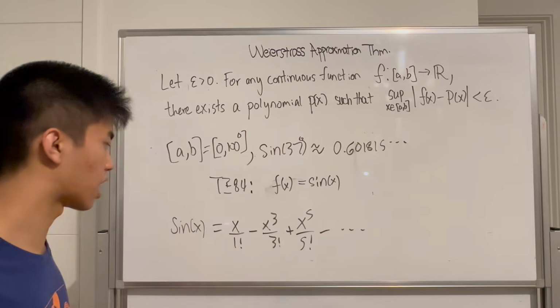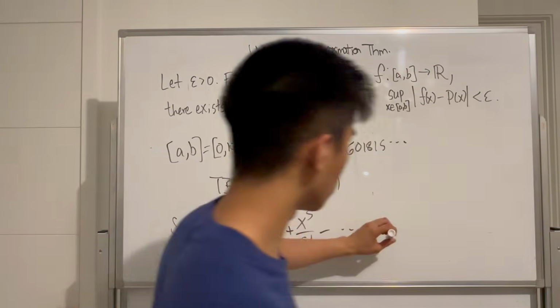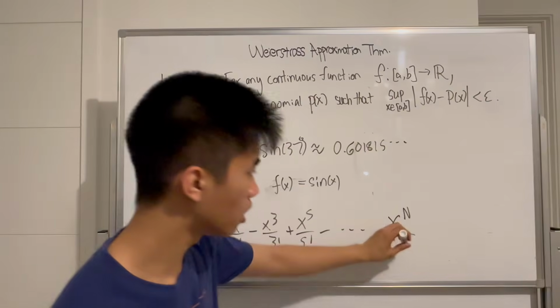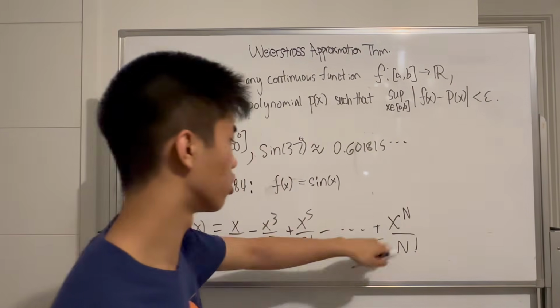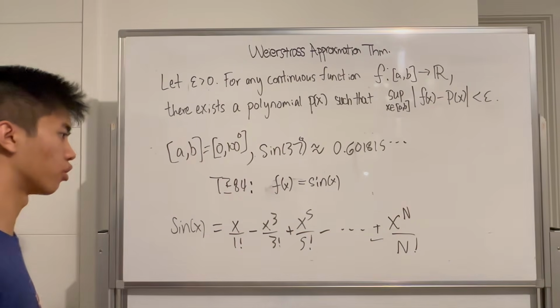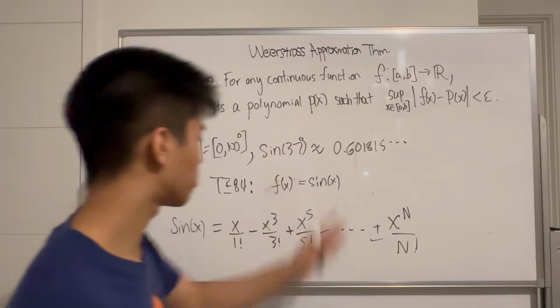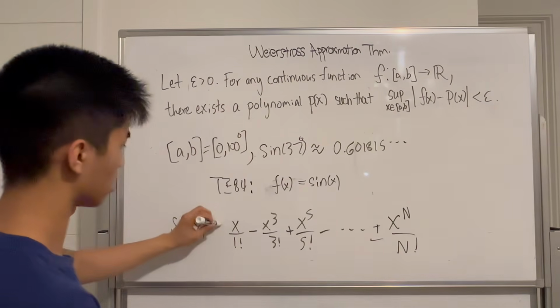So for sine of x, that would be a polynomial that looks like this. And you'll eventually get to some polynomial. Since a calculator cannot handle infinity, you'll eventually get to a point where you'll have a plus or minus, I don't know which, x to the big N divided by big N factorial. And how big you set this limit is going to directly affect how good your approximation of sine of x is. This is approximately.